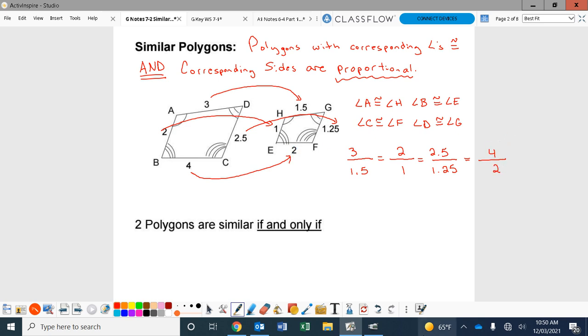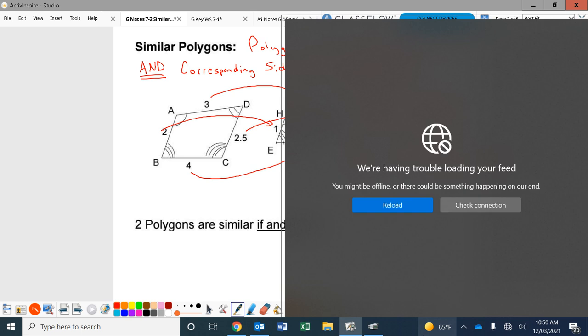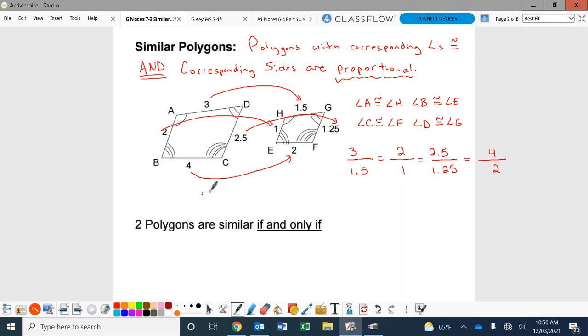Now, are those exactly the same numbers on all of those? No, but grab your calculators. What's 3 divided by 1.5? 2. What's 2 divided by 1? 2. What's 2.5 divided by 1.25? 2.